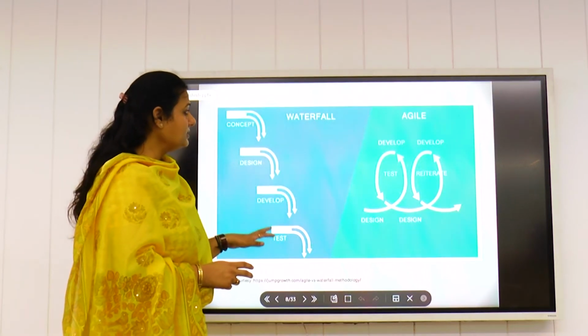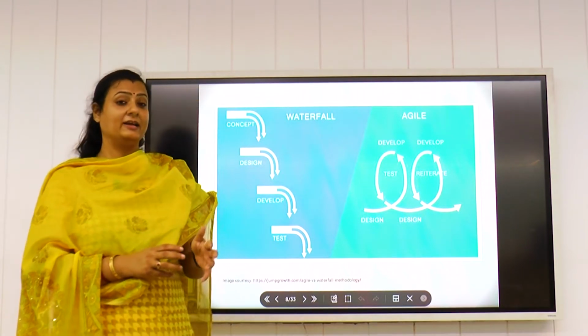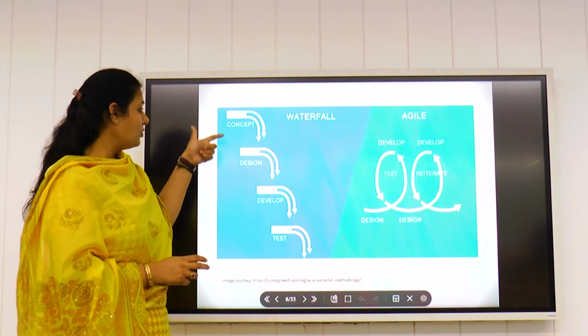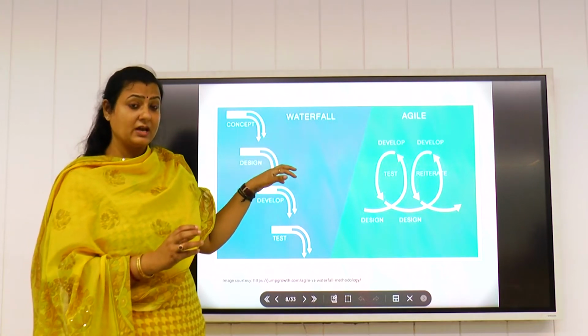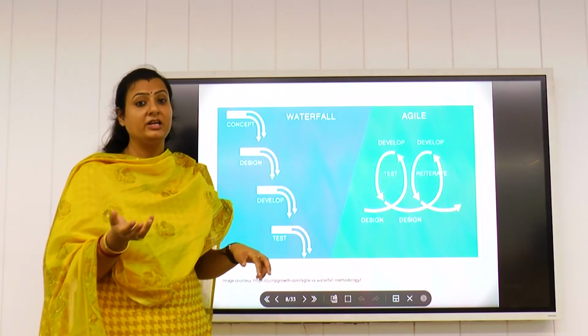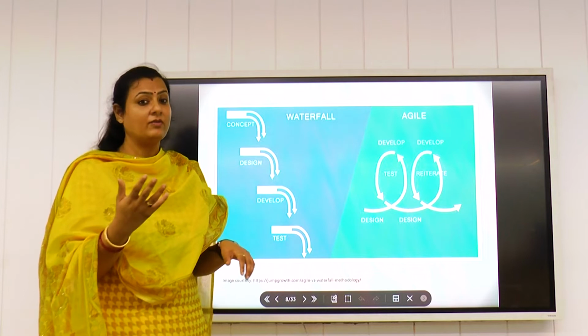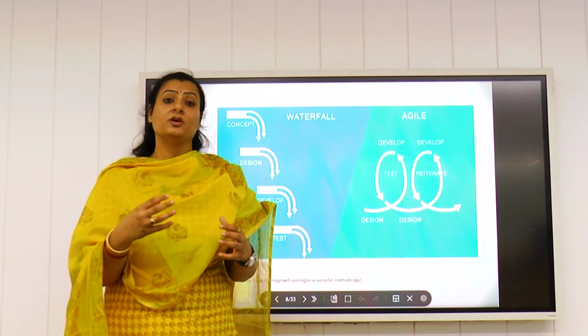This diagram is representing how we can compare the waterfall model and the agile model. In the waterfall model, the concept is designed from the requirement phase, what the customer actually needs from the product, what we have to deliver. The design phase is how the product will look.